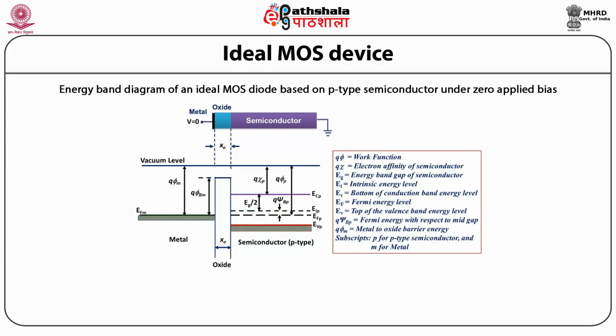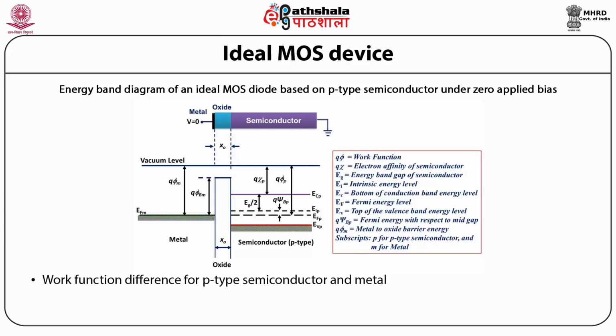Now when the applied bias is 0 in an ideal MOS diode, the energy difference between the metal work function qφm and the semiconductor work function qφs is 0, that is, the work function difference qφms is 0.